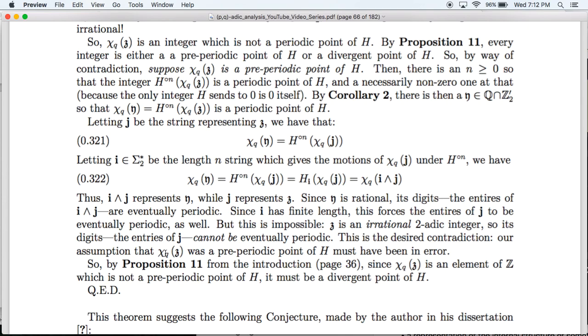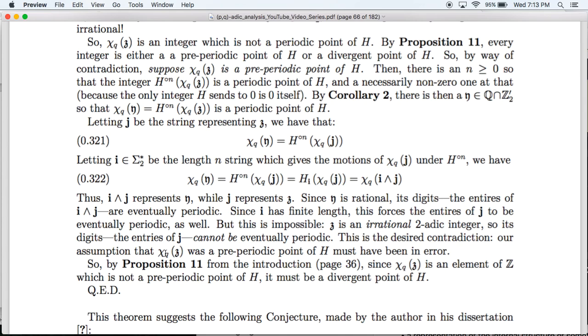On the other hand, if the Collatz conjecture is true, then 1, 2, and 2 are the only positive integer periodic points of chi-3, and so chi-3 should take very few positive integer values.